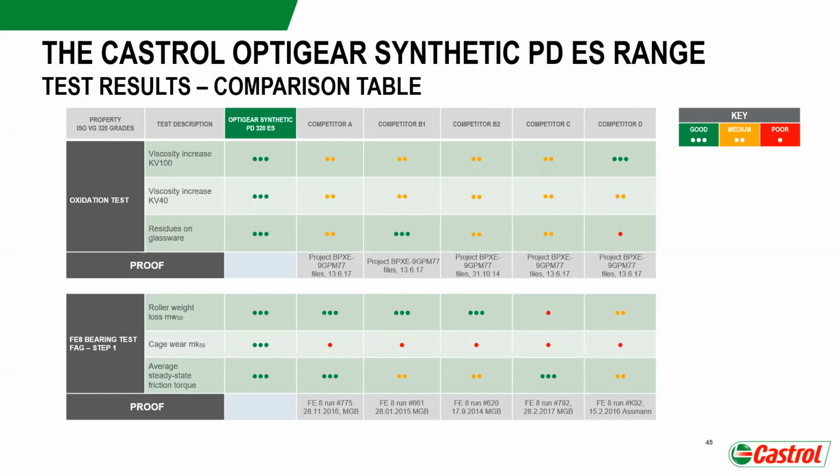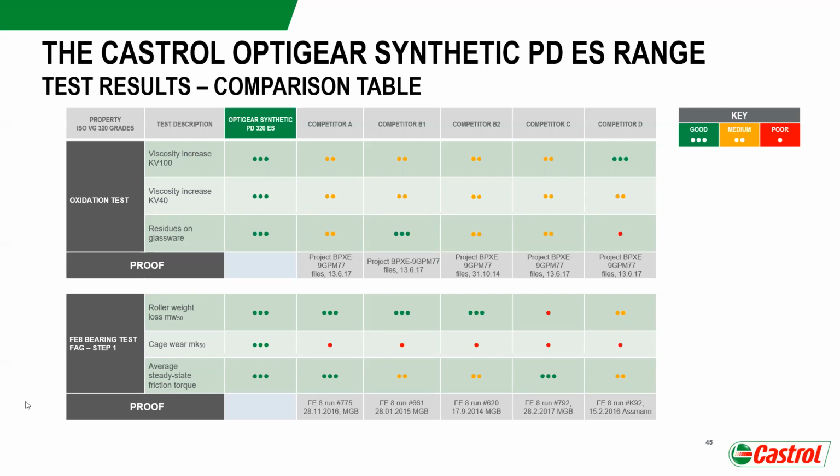Also highlighted is the FDA bearing test mentioned, and this highlights any wear or any frictional torque. And as you can see, we've compared to several competitor oils. So PDES actually performs very well, which is where we focused on oxidation and bearing wear.